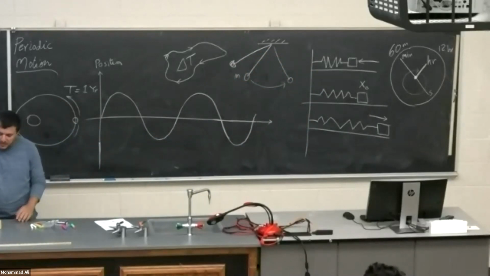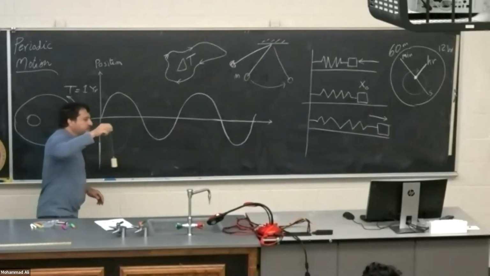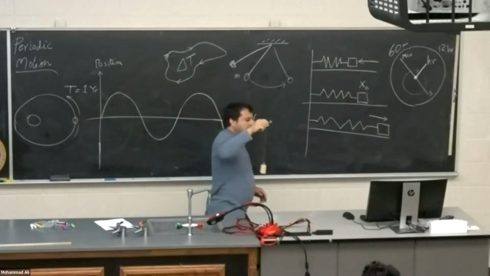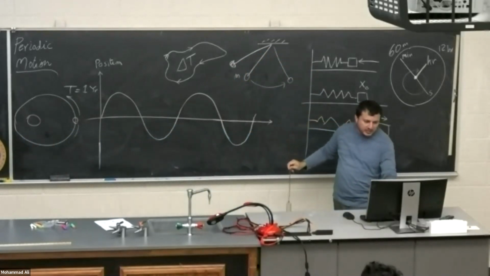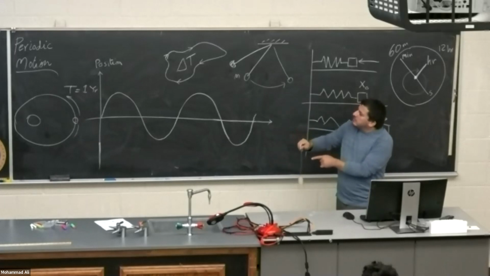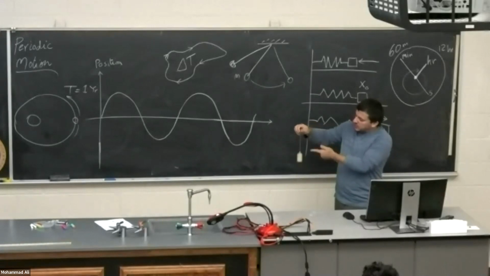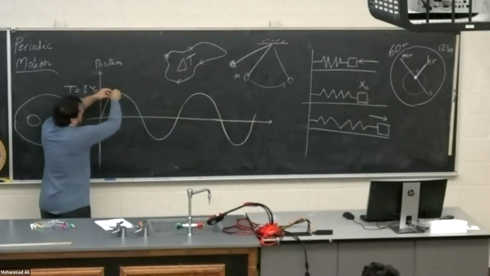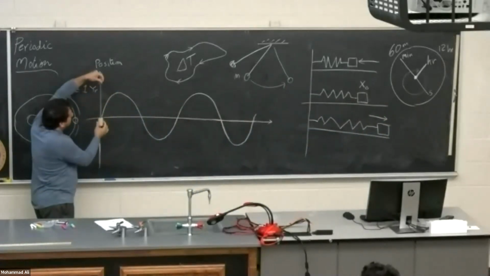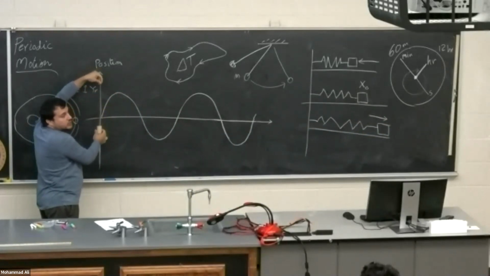Let us see this. I have a spring, and there's a mass hanging from this spring. I think you can see it. This motion now is periodic motion. Yes, it is a periodic motion because it is repeating itself. Now, the position is changing downward and upward, as you see.